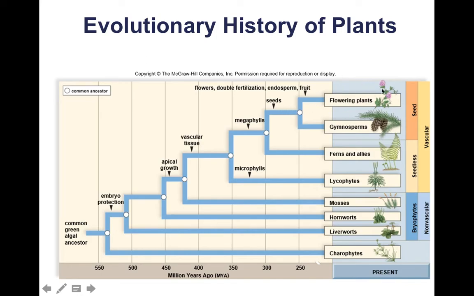In terms of the angiosperms, though, seeds would be an ancestral trait because they were present in all angiosperms and were also present in the most recent common ancestor. So make sure you understand the ancestral traits and derived traits. We're going to be focusing today on some of these derived traits that were very important in terms of the establishment of plants on land.